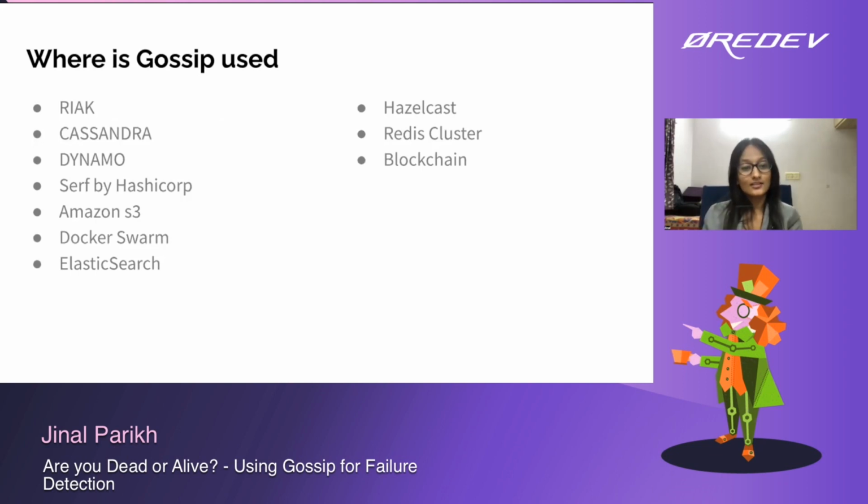Serf uses it for member detection, failure detection and discovering new members. It's reliable, and it also uses it for broadcasting events, like leader election. Amazon S3 uses a gossip protocol to spread server state through the system. I think we found out about this because S3 had an outage in 2009. And in blockchain, the gossip protocol is used by miners to communicate the value of the nonce to other miners.